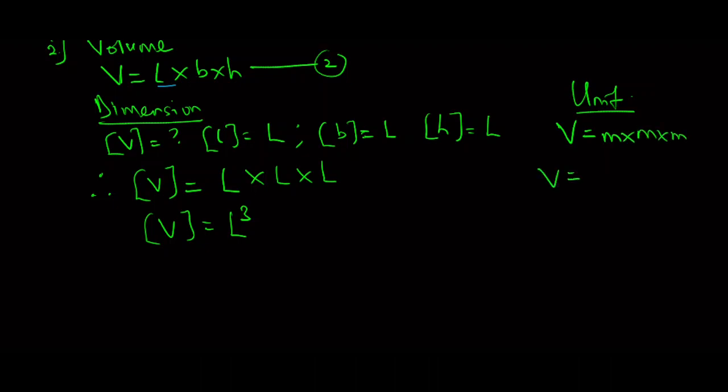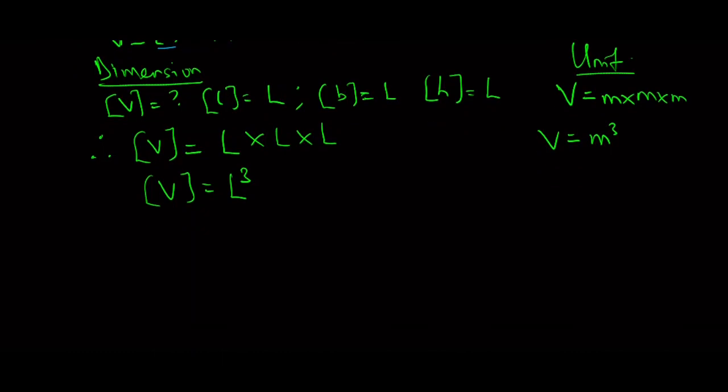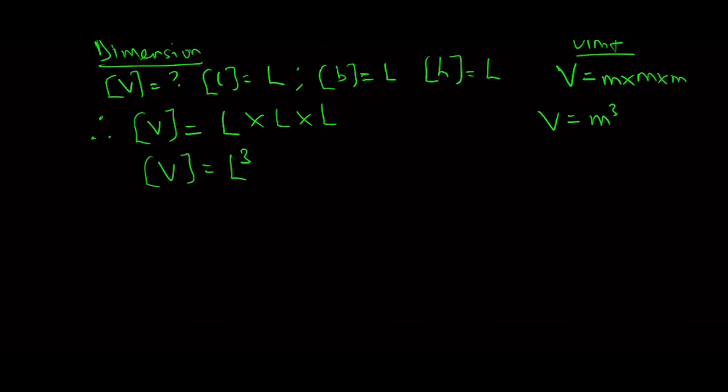So volume becomes meter cube. So the unit for volume is always meter cube. In the SI system, we can also have it as centimeter cube depending on the unit of length, breadth, and height that we have used. Let's look at the third quantity, that is velocity.